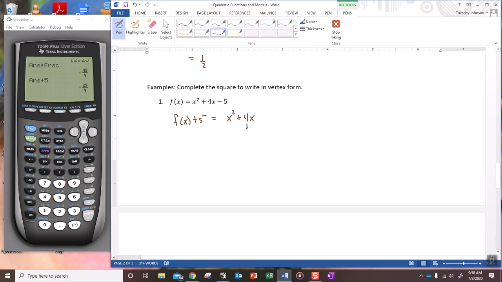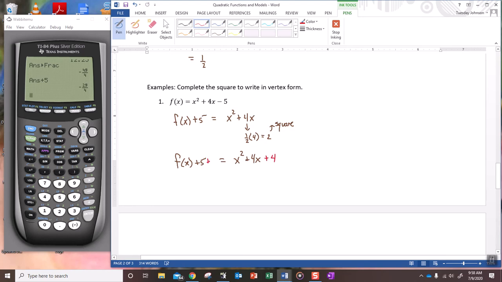Now I'm going to take half of 4 to get 2, and then I'm going to square it to add to both sides. So I'm going to take f of x plus 5 and x squared plus 4x. I'm going to square 2 to add 4.